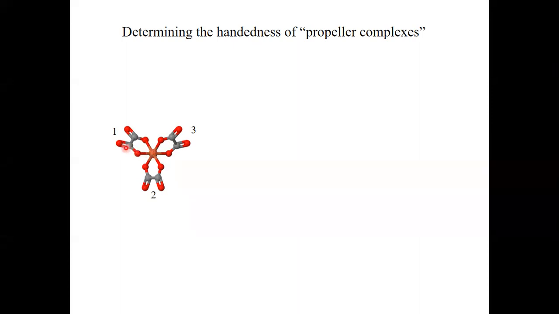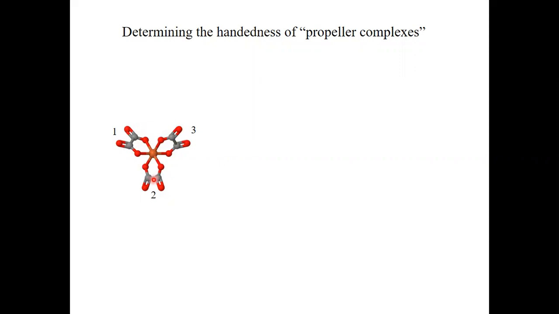Okay, so this ring is not adjacent to this ring, which is not adjacent to that ring. And these 3 rings are certainly also not coplanar. You consider that this is an octahedron here. So therefore, these rings behave like propeller blades of a 3-bladed propeller.